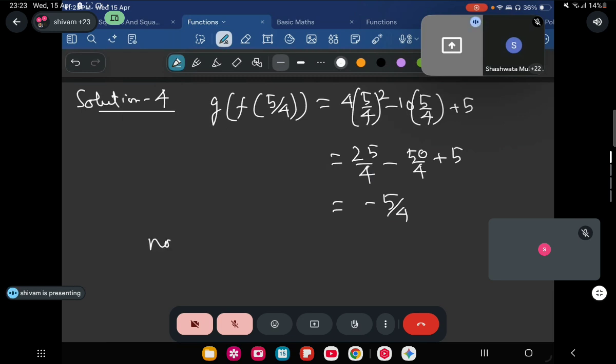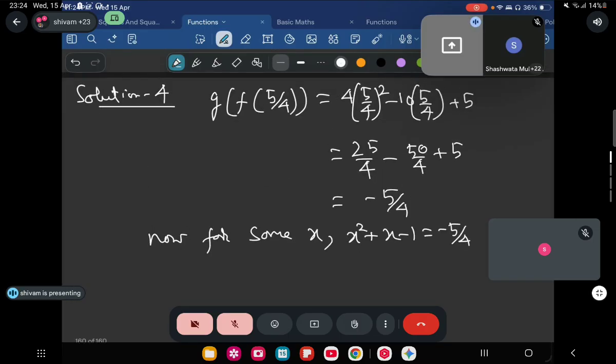So for some x, x square plus x minus 1 must be equal to minus 5 by 4. Right, everyone? Let us find out the value of x.